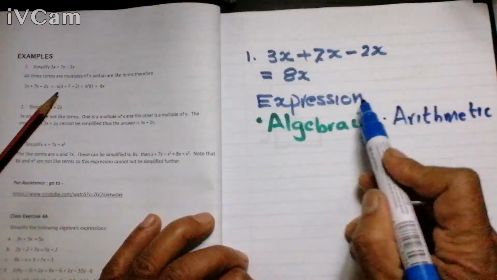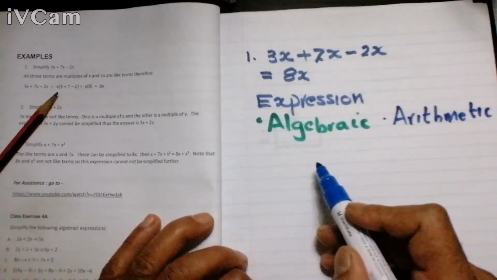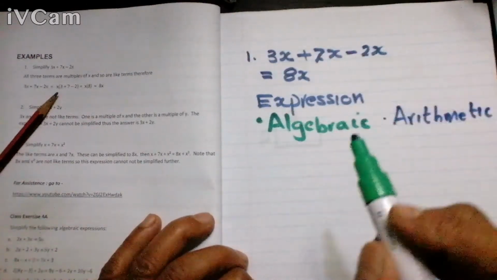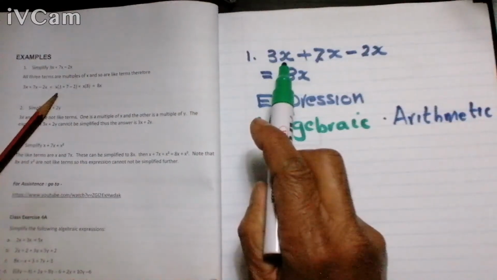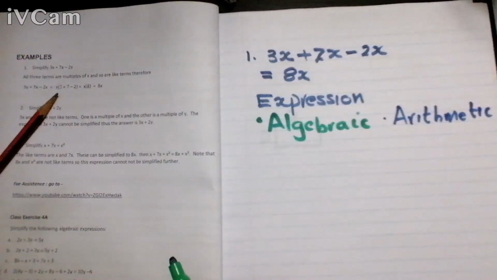So those are the two categories of expressions. Now, an algebraic expression has variables like x, y, z, a, b, c, etc. And we just evaluated the first expression there, which is 3x plus 7x minus 2x, giving us 8x.